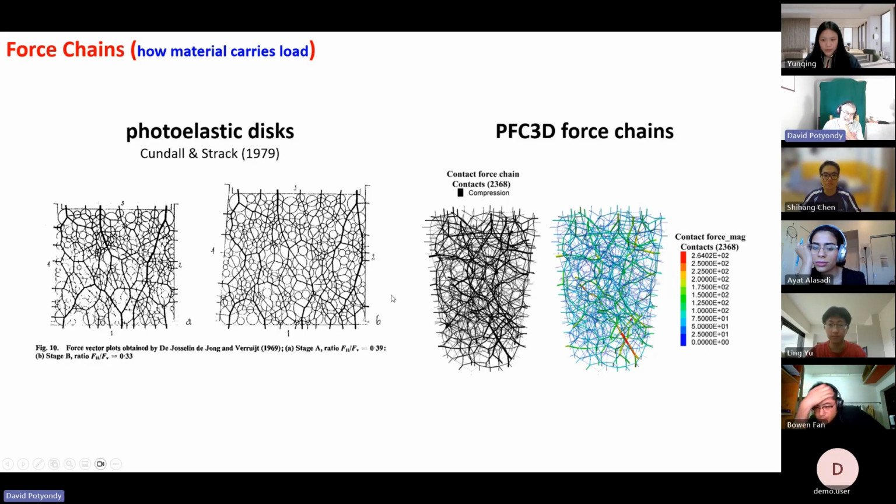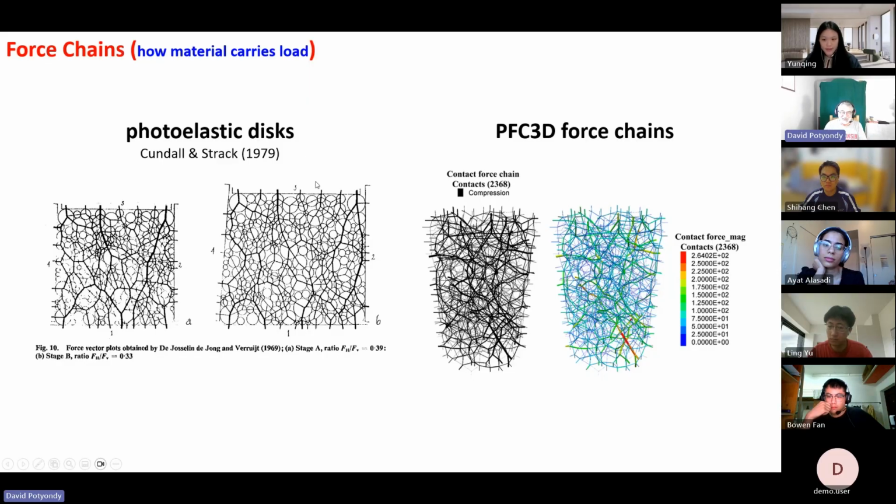But what then people do, this is now related to quantifying this. One of the things they do is they say, let's look at the orientation of every one of these forces. Like this force is vertical, and this force here is horizontal. If you compress these disks isotropically, the same from horizontal and vertical, in general, if you look at all the distributions of the contact orientations, they will be the same in all directions.